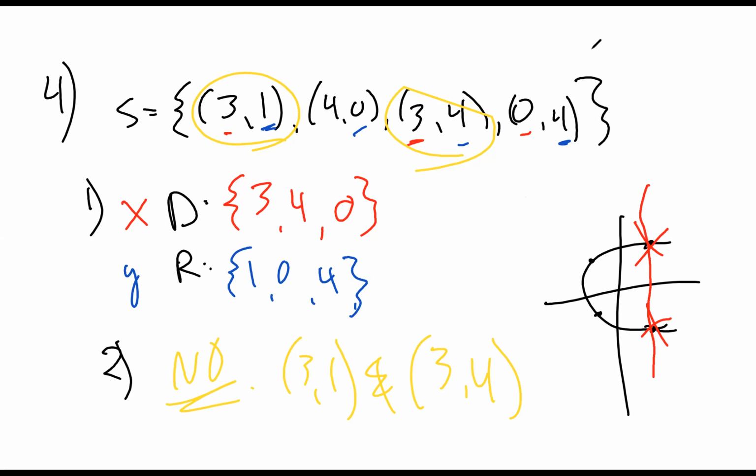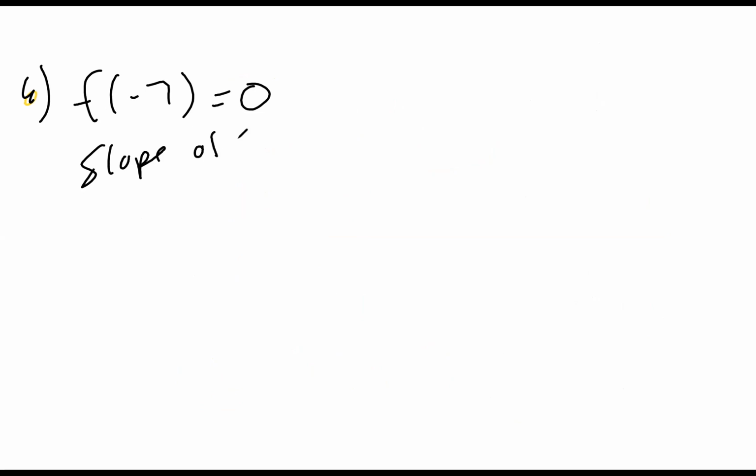Okay, so number 6. So we are given f of -7 equals 0. And we also have that the slope of f is -4/3.